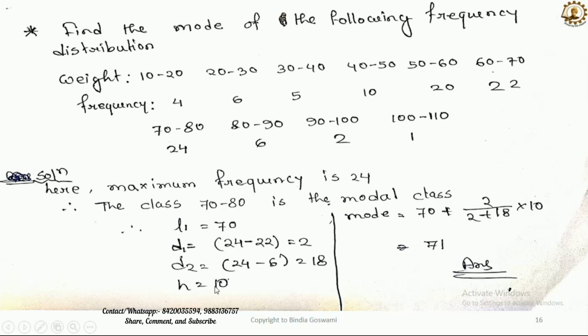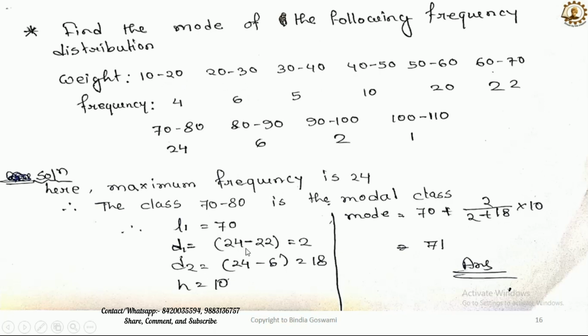D2 is 24 minus 6, because after the maximum frequency 24 the next number is 6. So 24 minus 6 is 18. So we get D1 and D2, and H is 10, because the difference between 10 to 20 is 10, 20 to 30 is 10, and similar for the others.